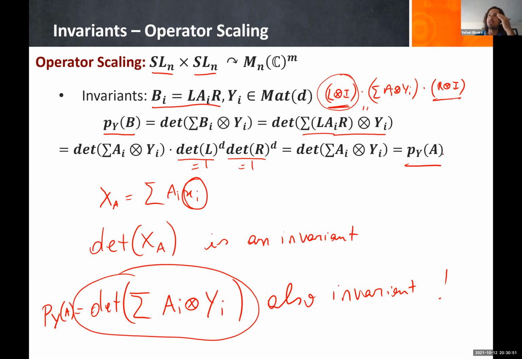Right? And now this should give you a hint. Oh man, we're not getting PIT here, because we're not testing only whether the determinant of the sum of Xi Ai, which was the quantity we're after, is 0 or non-zero.